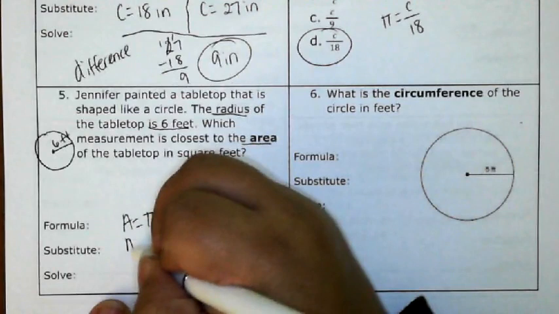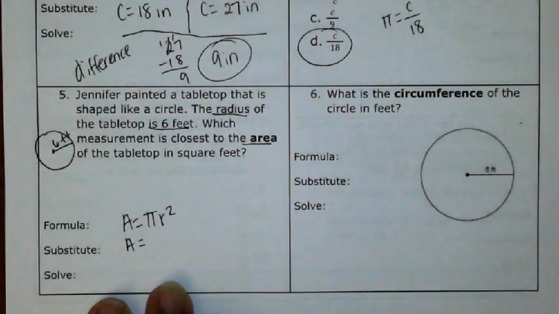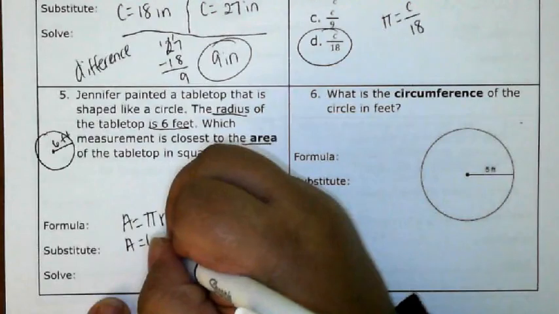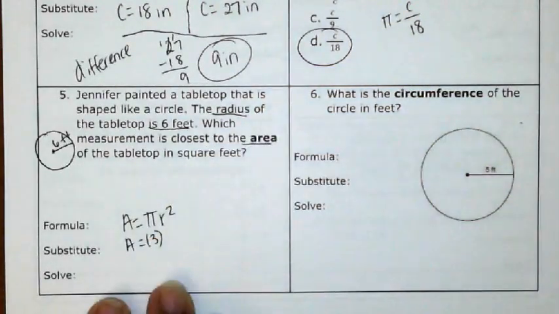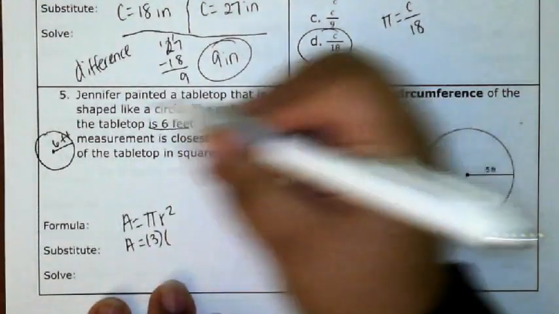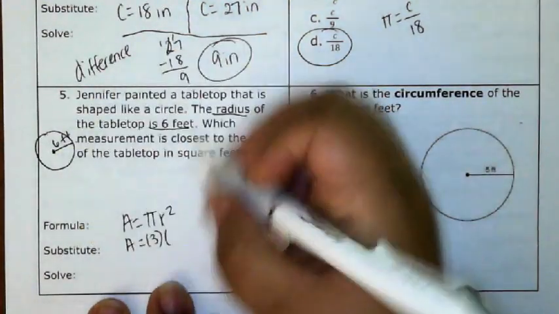If you wrote everything that I wrote at the top of my paper, then you will see that if we're trying to find the area of a full circle, that is going to be pi r squared. Pi is 3. You can use 3.14 if you want to. Radius, center to edge, is going to be 6 squared.